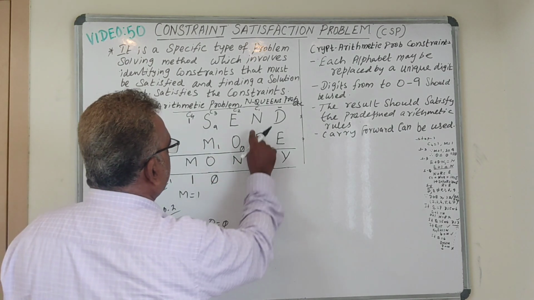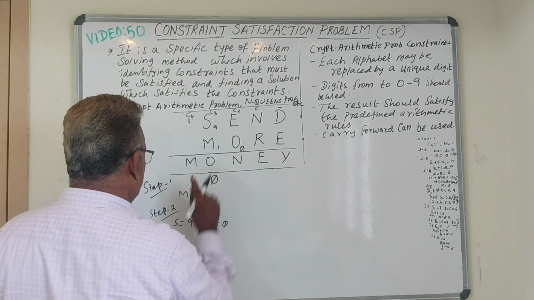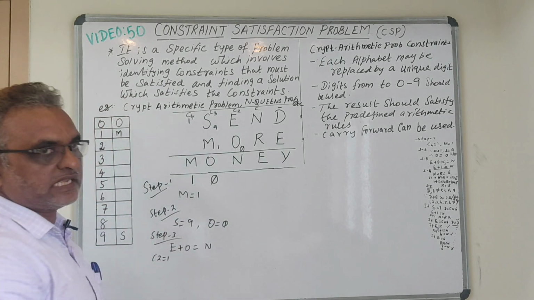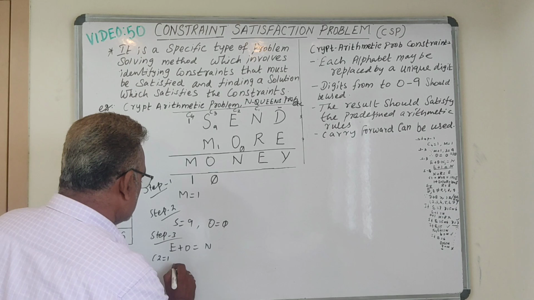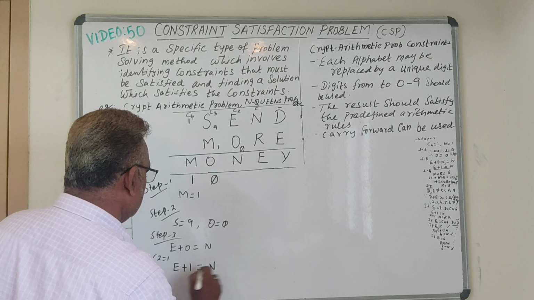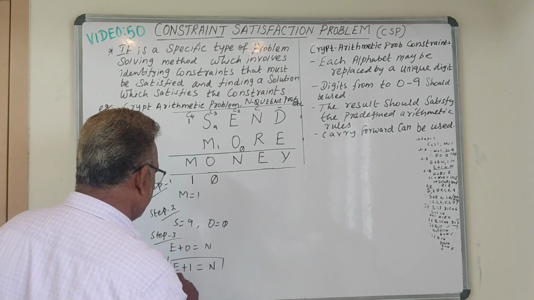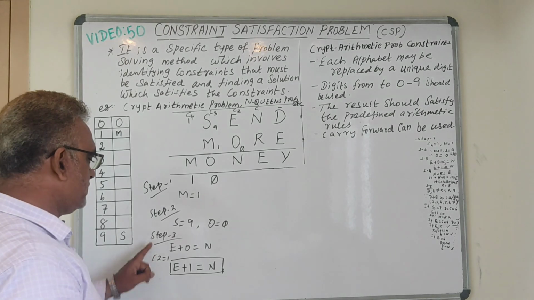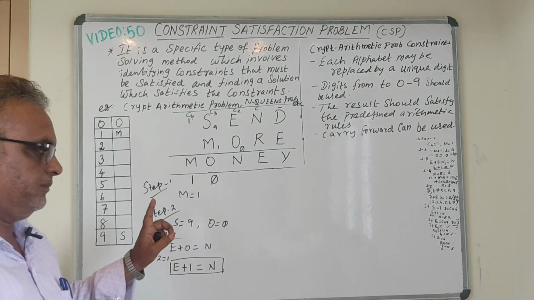So definitely we need a carry, that is, C2 must be equal to 1. Then only we can do this calculation correctly. So consider that C2 is equal to 1. That being the case, E plus 1 is equal to N. Consider this as an equation which is required for further calculation. That is what we are doing in step 3.